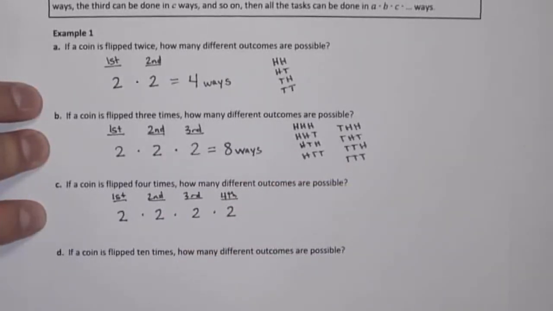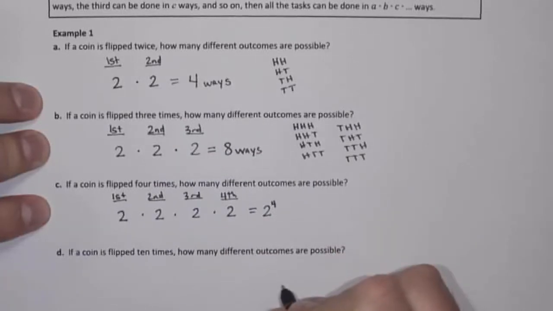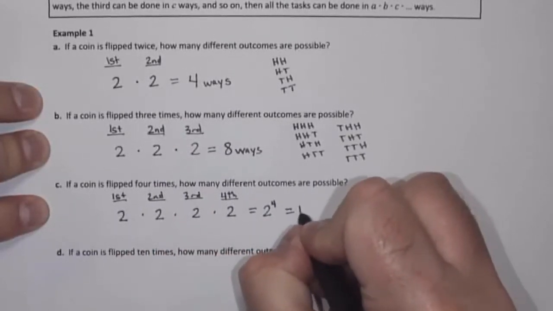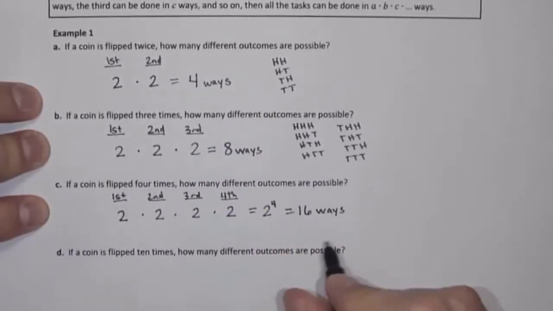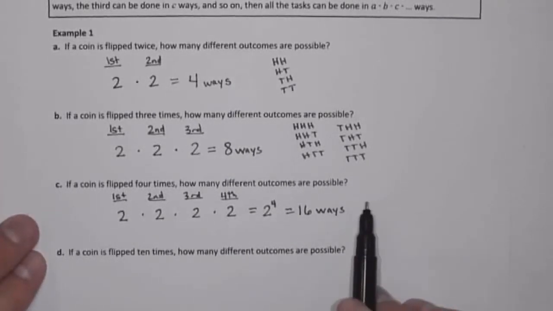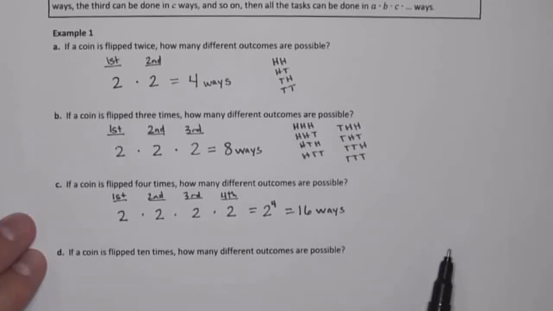So there's 2 times 2 times 2 times 2. Notice, by the way, that's 2 to the 4th. And if we multiply 2 times 2 times 2 times 2, that is 16 different outcomes. There's 16 different ways that these results could occur. Now we could list those as well. We're not really asked to list those, so I'm not going to, but we could.